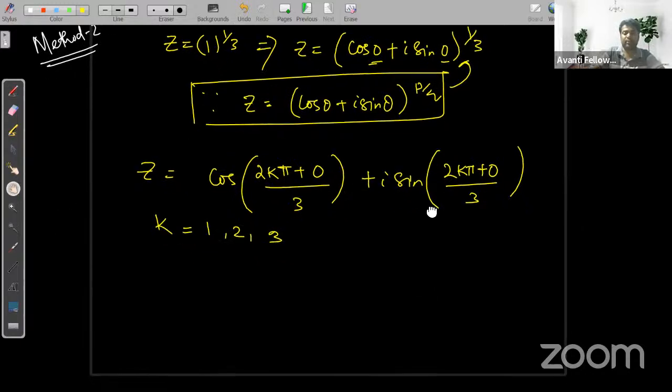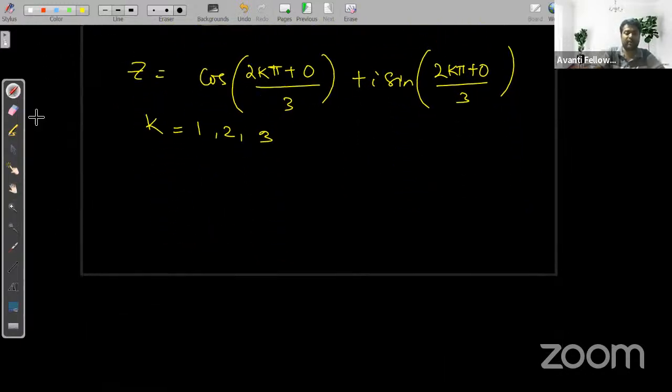Okay. So if you put k is equal to 0, 1, 2. First put k is equal to 0 in this expression.